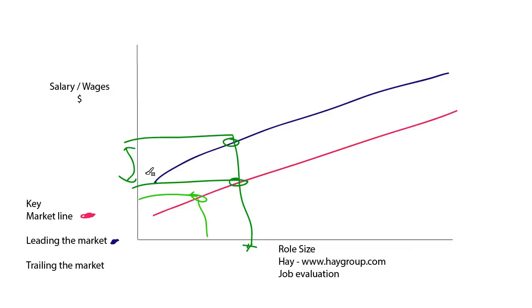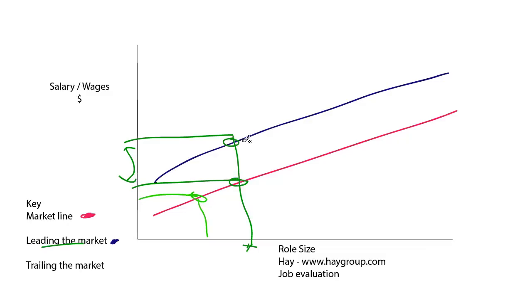And the reason for that is that this blue line here is leading the market. So this role here might be, say, an IT role. And the organisation has made the decision to pay this IT role at the market. There's not a skill shortage in that particular IT area.